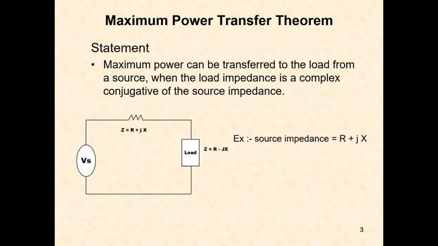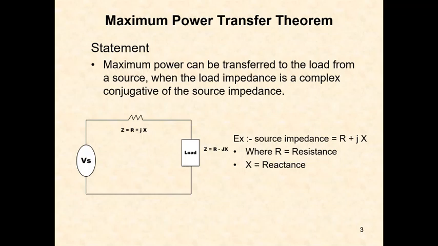So the source impedance is R plus jX and the load impedance is R minus jX, where R is the resistance and X is the reactance. If X is an inductive reactance, then in the load it should be a capacitive reactance.